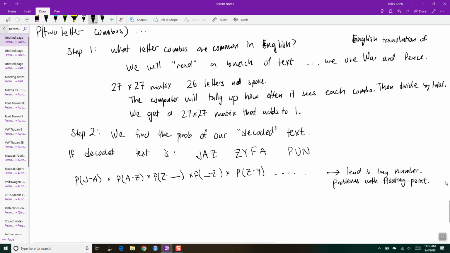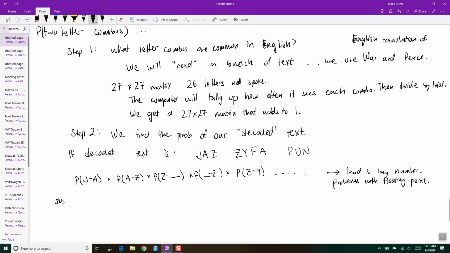Instead of dealing with tiny decimals, what can we do? We can convert them into logs. We'll take the logarithm of all of these numbers. So instead of getting probabilities between 0 and 1, we'll get negative numbers between negative infinity and 0, and then we can add them together. And the computer's a lot better at adding negative numbers than it is at multiplying really, really tiny numbers.